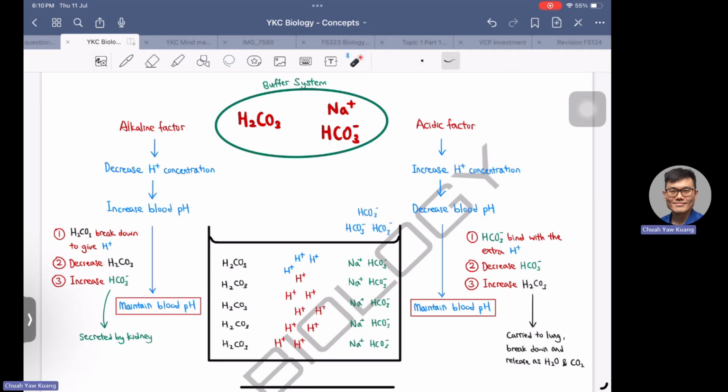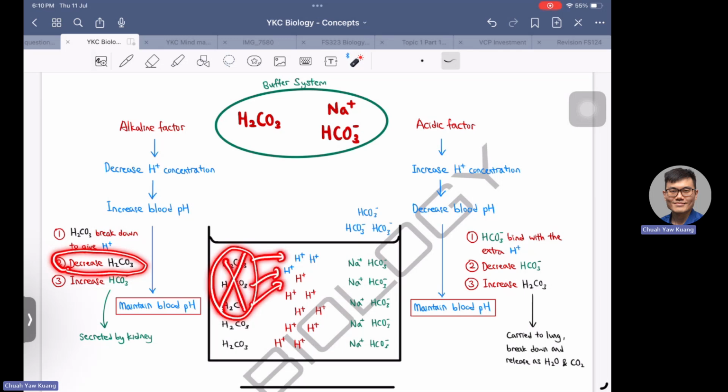In this case, the result is that the concentration of the hydrogen ion will be maintained. So when you maintain the hydrogen ion concentration, then you will maintain the blood pH. And then it is going to decrease the carbonic acid, because just now 3 carbonic acid have been broken down to release 3 hydrogen ions.